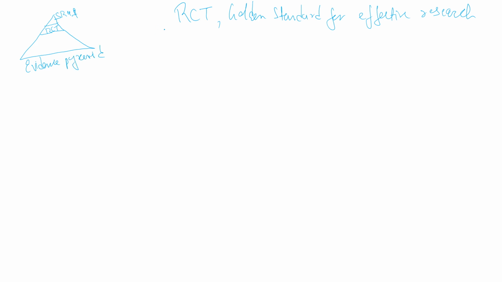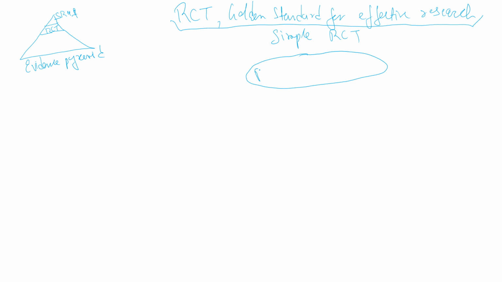Now let us try to go through the steps in a simple randomized controlled trial. Well, initially there is a huge population of interest with the indications which we are very interested in.